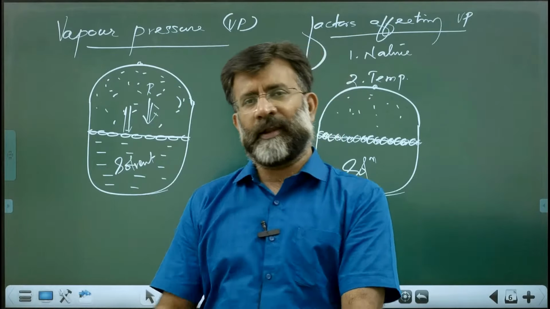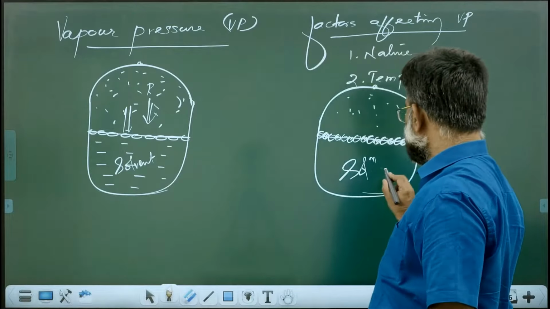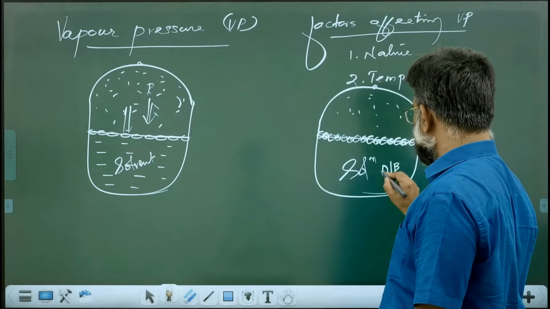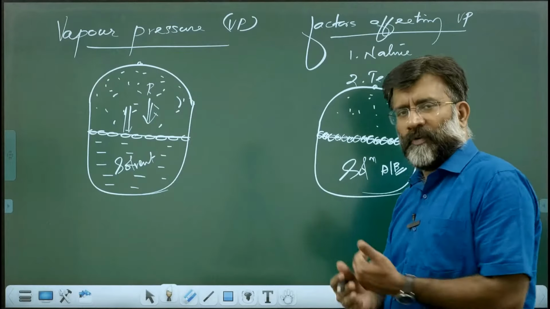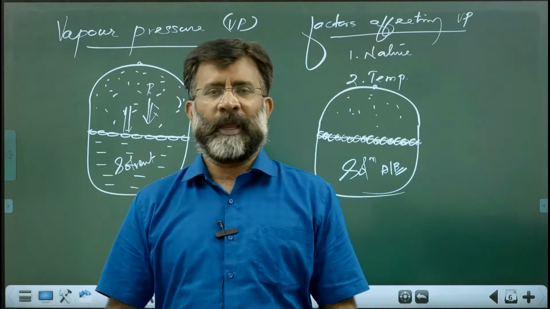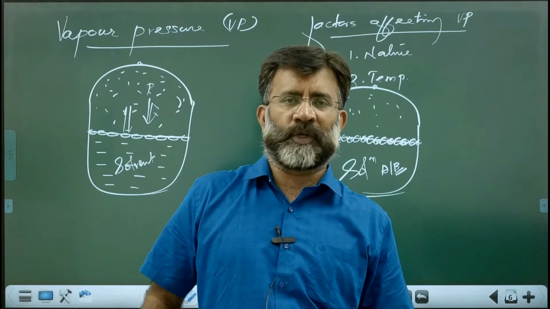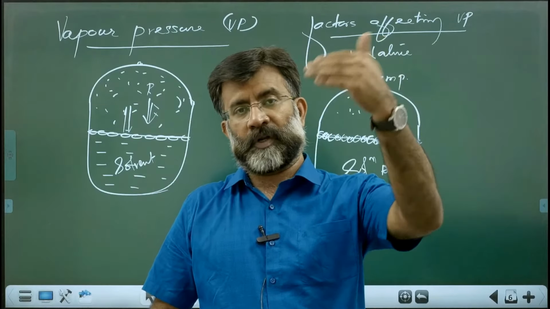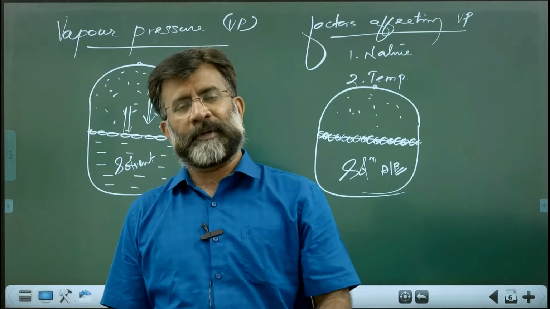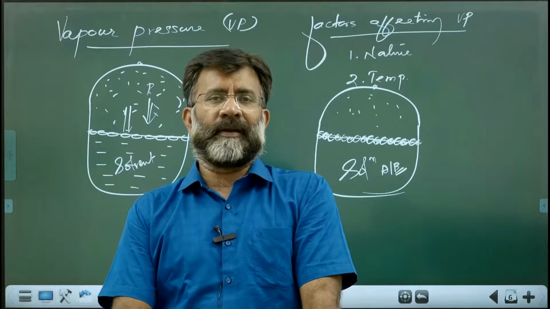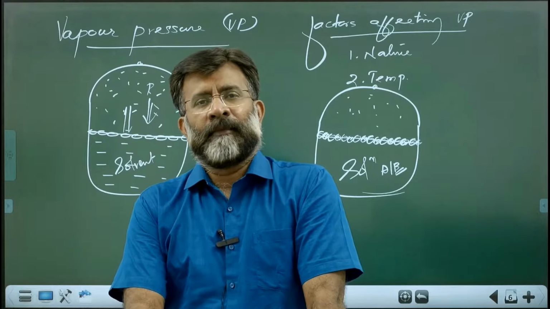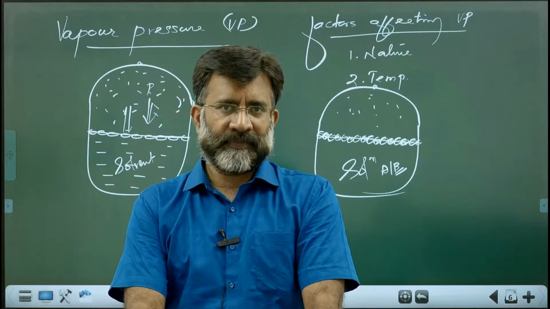So, suppose there is A and B, A the solvent and B a non-volatile solute. When a non-volatile solute is added, preparing a solution, you can see the vapor pressure drops. When the vapor pressure drops, quite naturally the boiling point will increase. This is what we are learning as colligative properties, right?